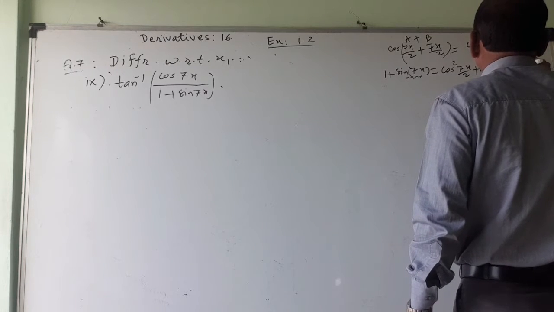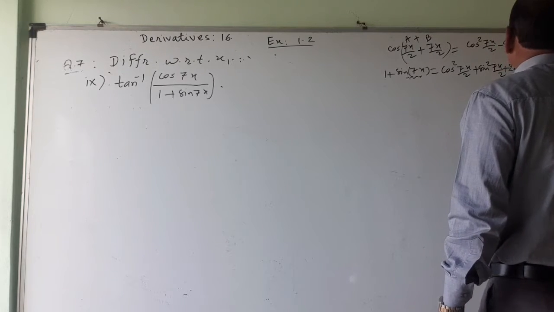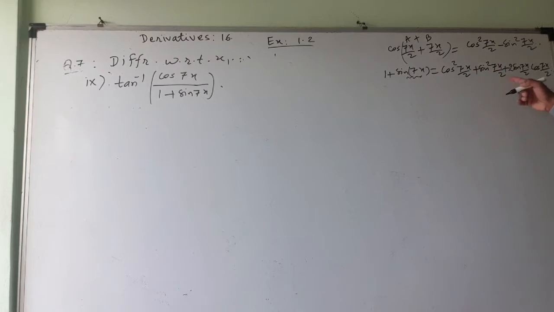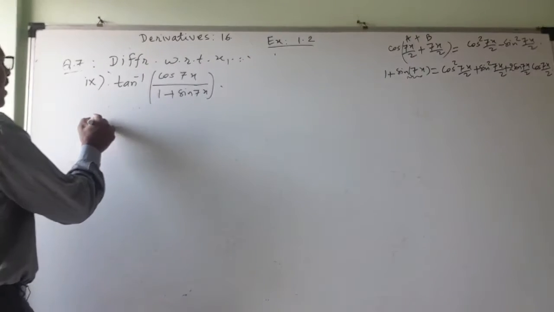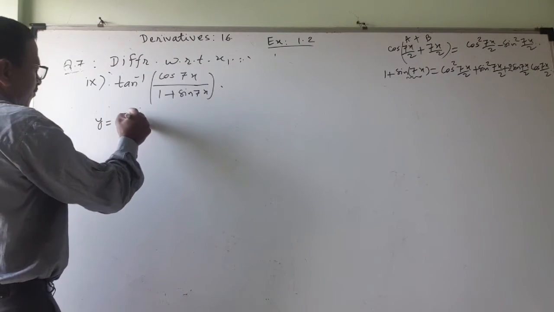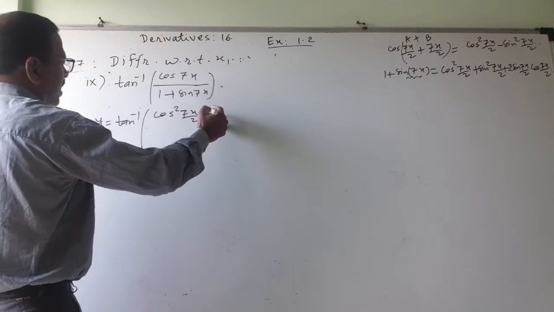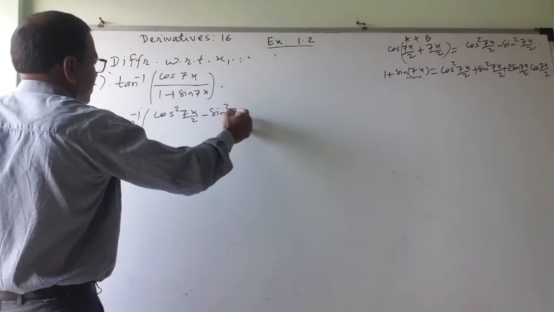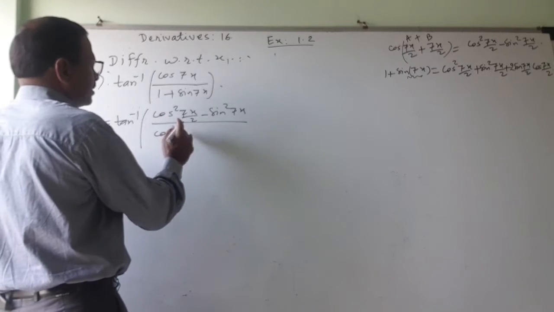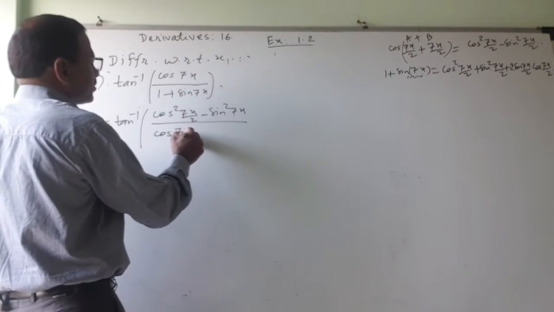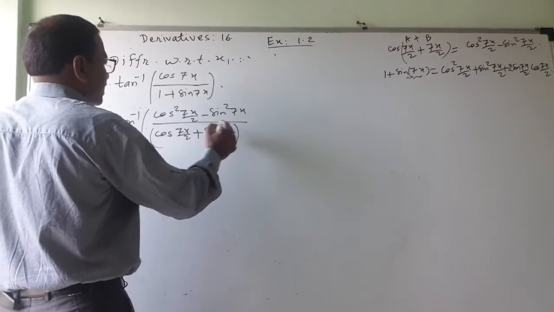Plus 2 sine 7x by 2 into cos of 7x by 2. This is a square plus b square plus 2ab. So directly you can write it. So y is equal to tan inverse of cos square 7x by 2 minus sin square 7x by 2 upon, this will be cos of angle half 7x by 2 plus sine of 7x by 2, and bracket square.